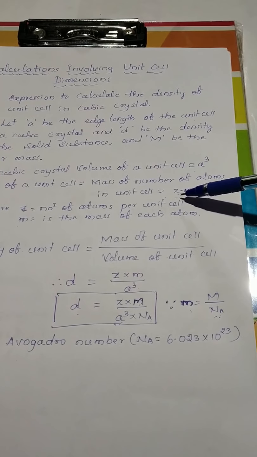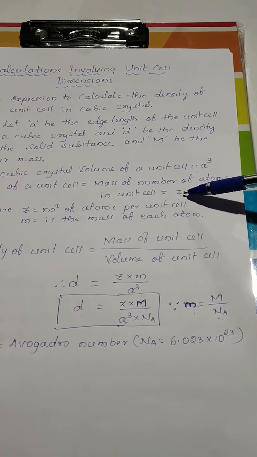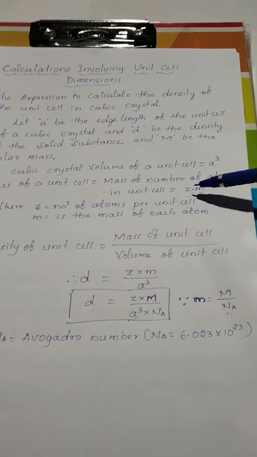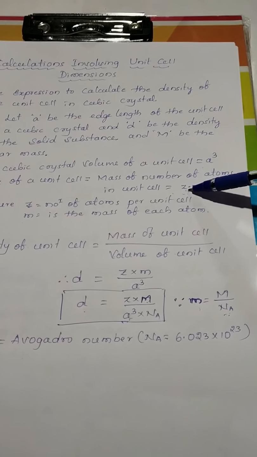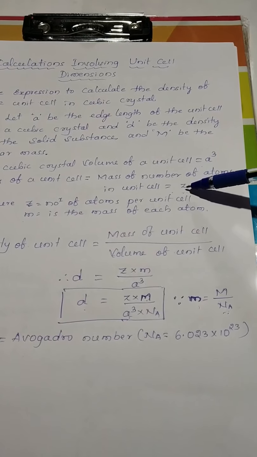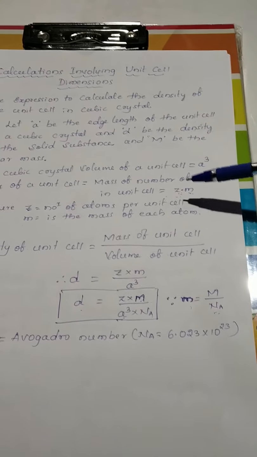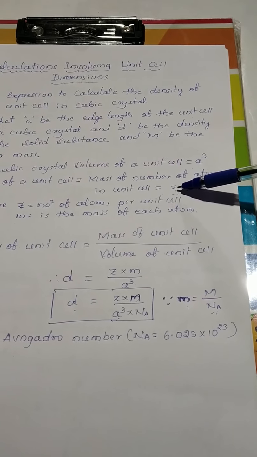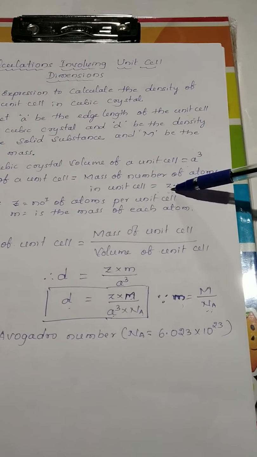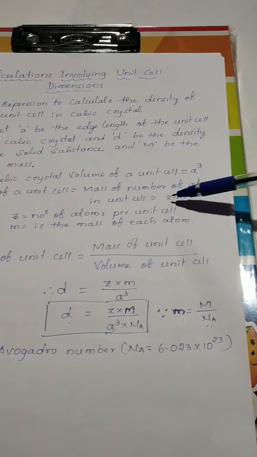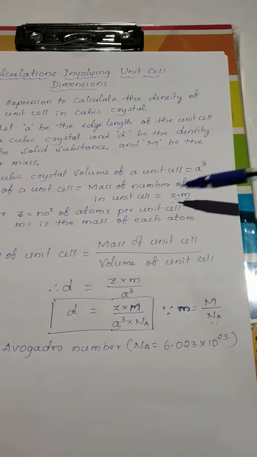If it is BCC, you have to substitute 2. If it is FCC, you have to substitute 4. Where Z is the number of atoms per unit cell: simple cube 1, BCC 2, FCC 4.